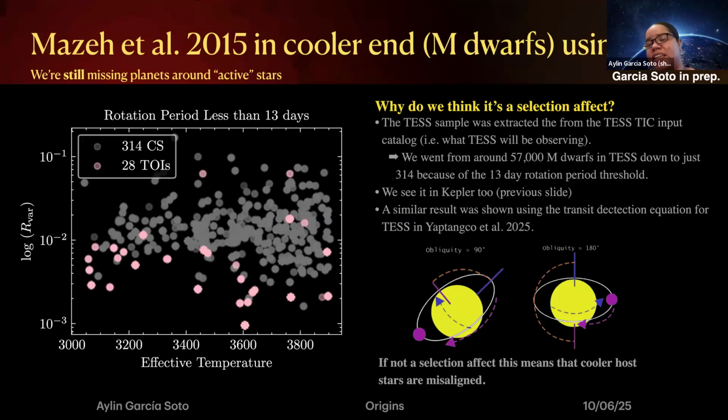We just think we're not finding them. That's why the sample of test stars we had with planets was 300, but we only found periods around 28 because we have this 13-day limit. So it's not that they don't exist, it's that we think we're not finding them because an active star is very complicated, and so we might be missing it.